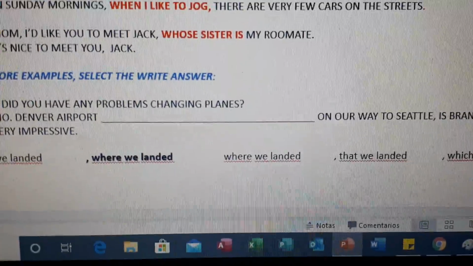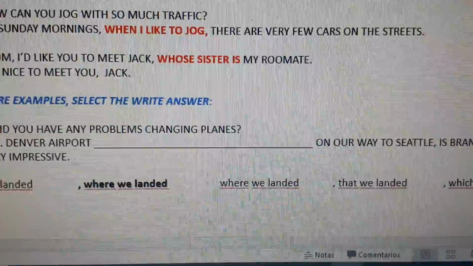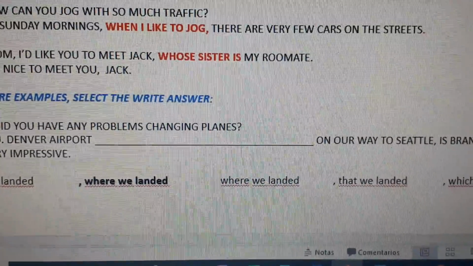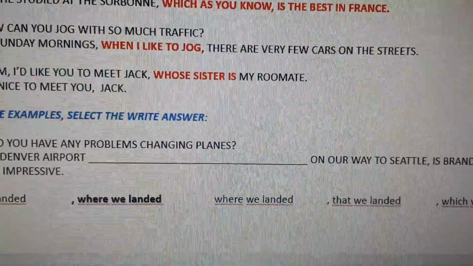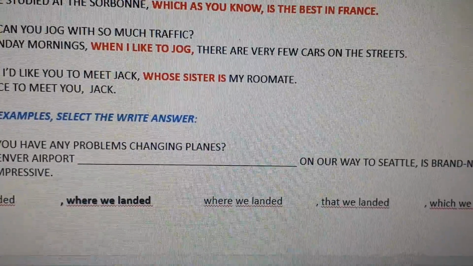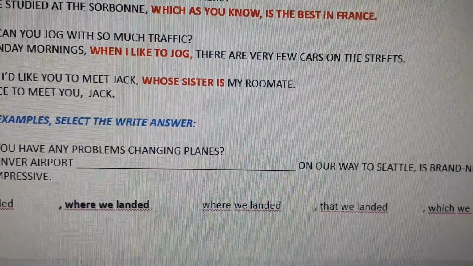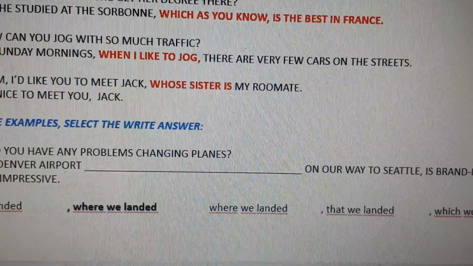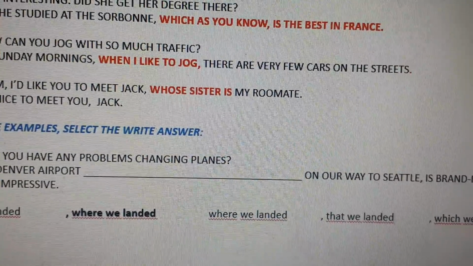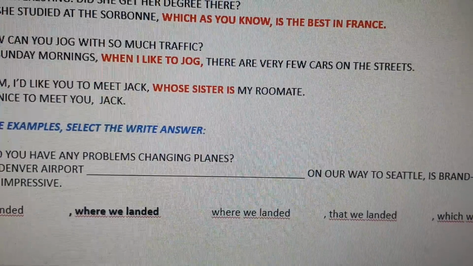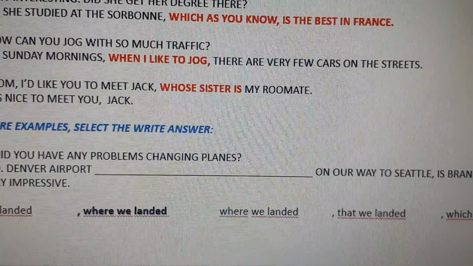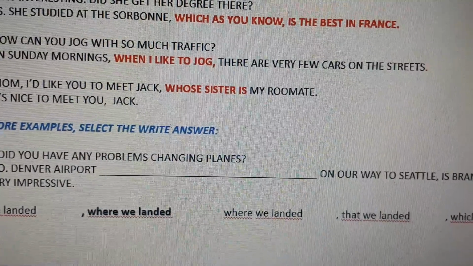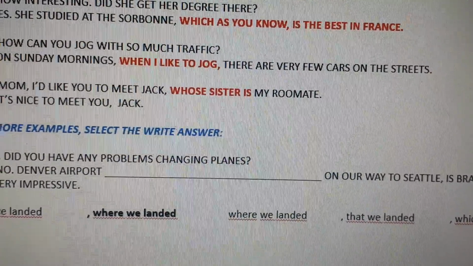Una coma primero en la cláusula relativa, ¿sí? ¿Cuál de ellos? Pues tenemos 3, entonces vamos a descartar las otras 2. Entonces, now we need to select between where we landed, that we land, which we landed. But Denver Airport, it's a place, okay? Not an idea, okay? So in this case is where we landed, okay? On our way to Seattle, okay?